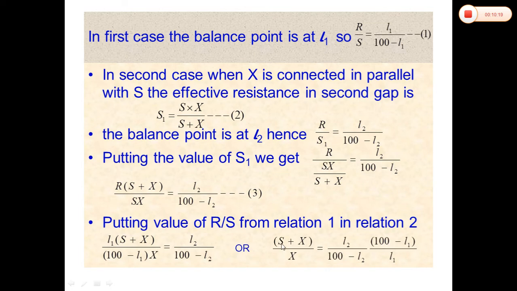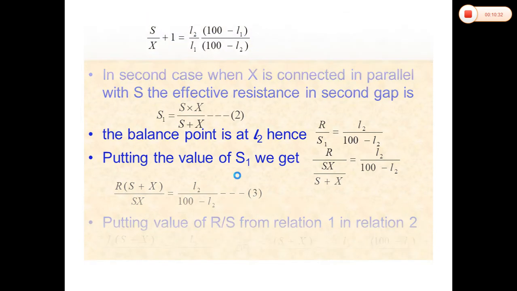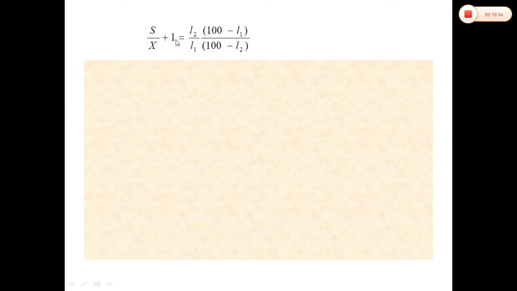So the equation becomes S plus X divided by X is equal to this one. Now divide this numerator by X. So we got S upon X plus 1 is equal to L2 into 100 minus L1 divided by L1 into 100 minus L2.